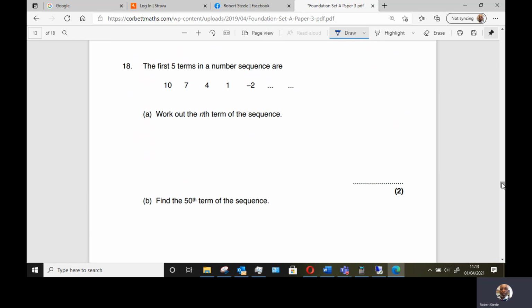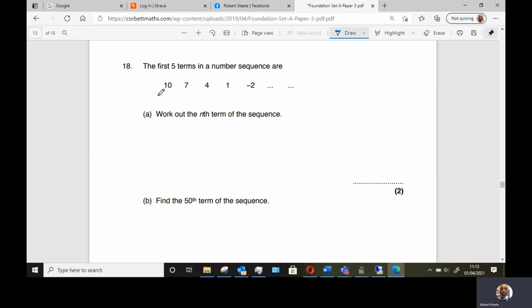Okay, next we've got an nth term question coming up. Right, you need 2 parts to do this.